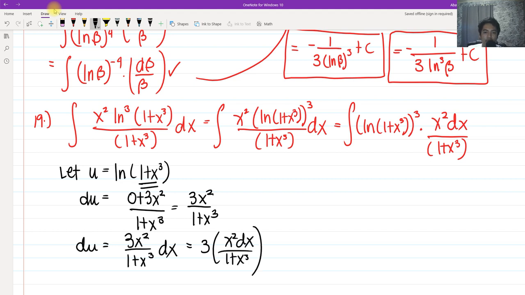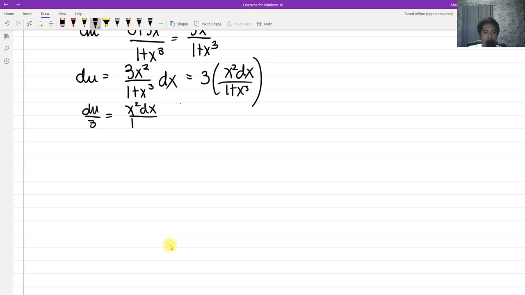As you can see, it's the same: x squared dx all over 1 plus x cubed. So I'm going to isolate the 3. I'm going to divide both sides by 3, so that du all over 3 equals x squared dx all over 1 plus x cubed.